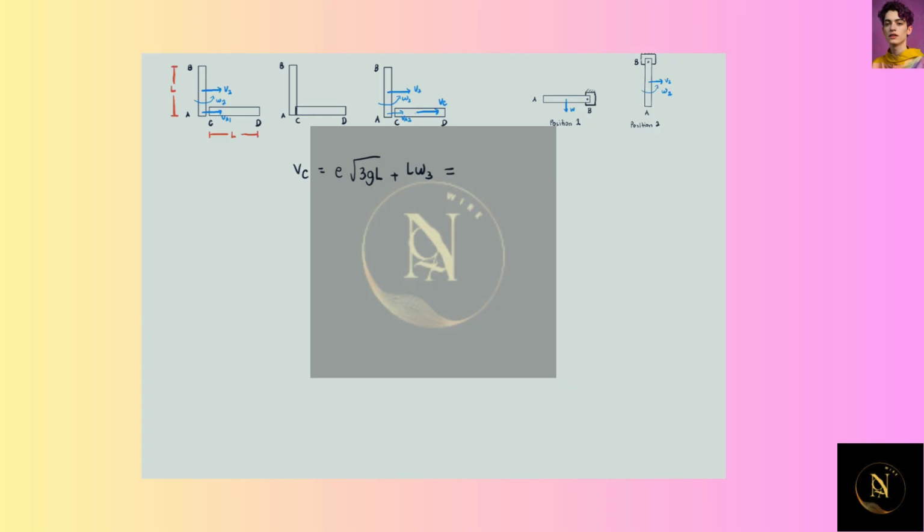Substituting our expression for omega 3, this becomes e square root of 3gL plus L times 1 over 4 minus 3 over 4 e, times square root of 3g over L. Simplifying this, VC is equal to e square root of 3gL plus 1/4 square root of 3gL minus 3 over 4 times e times square root of 3gL.